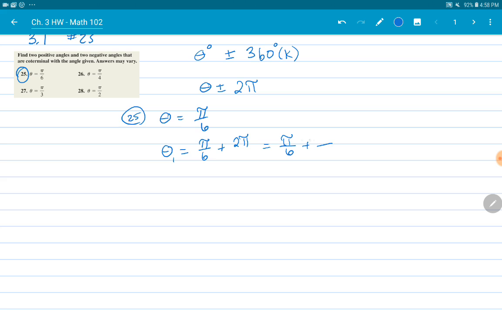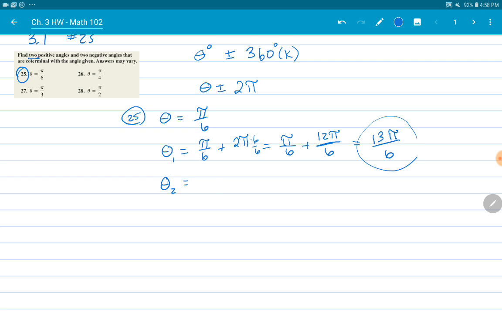So I want 2 pi, I want to multiply both of those sides by 6 over 6. So I get 12 pi over 6, which gives me 13 pi over 6, and that's already in simplified form. And I need 2 positive angles.